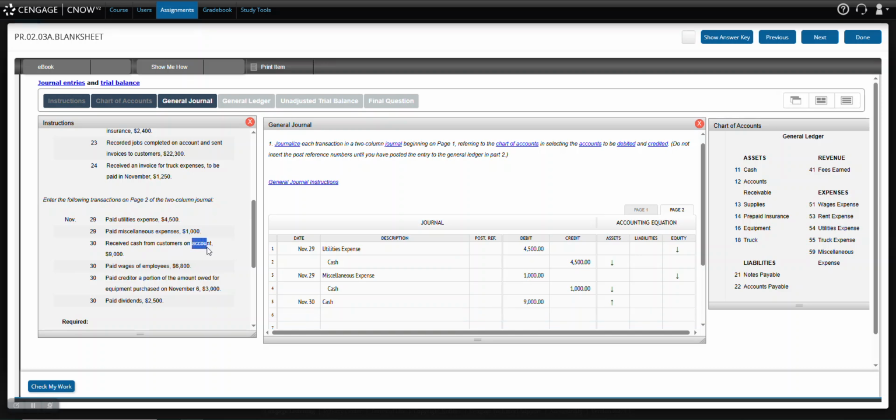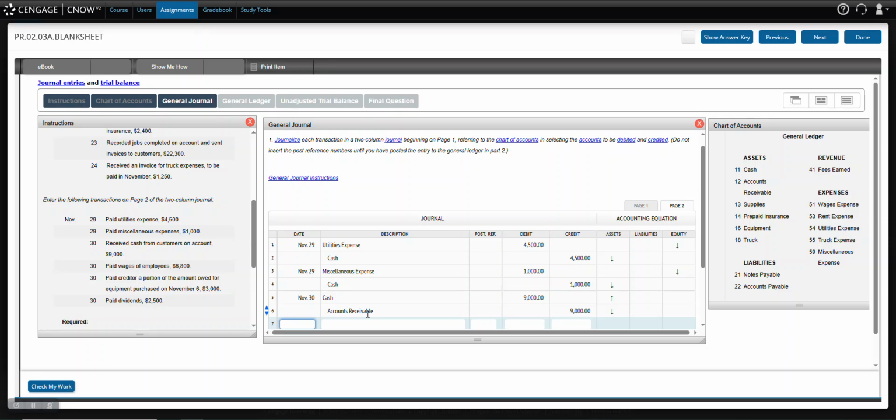So again, last word is account. First letter of the first word is R. I was waiting to receive the cash from our customers, and now I have finally received some of it. So remember, accounts receivable is a holding place for cash. I didn't provide the service to them on November 30th.